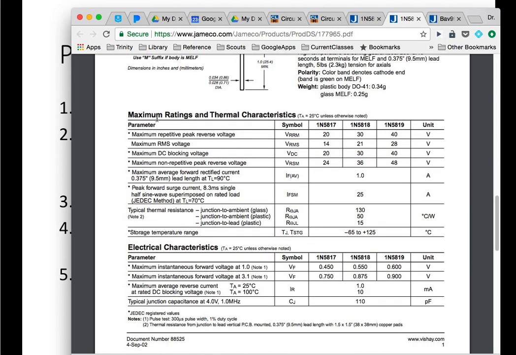So let's look at the maximum ratings. This particular diode that I more or less randomly picked can handle up to 25 amps of forward surge current, so that's kind of a one-time thing. On an average basis, it can handle 1 amp of forward current. If we look at the voltage at a current of 1 amp, it generates about a half a volt.